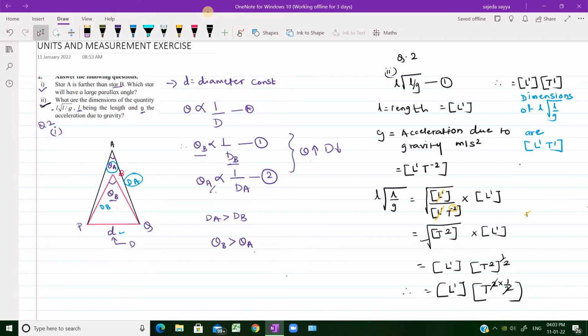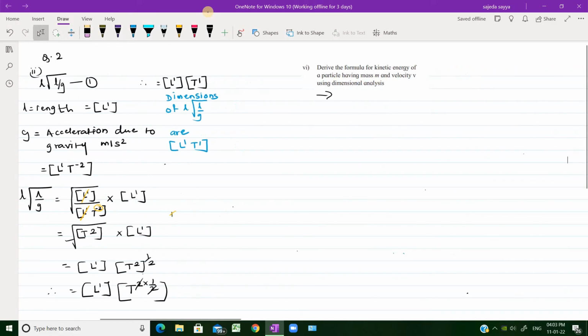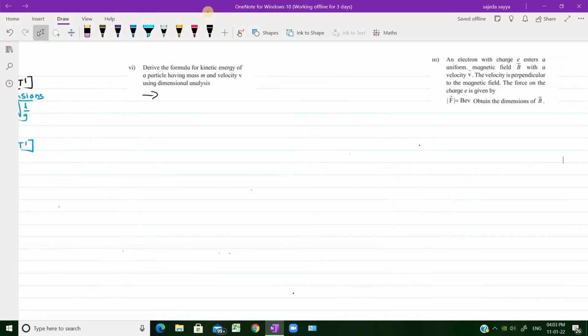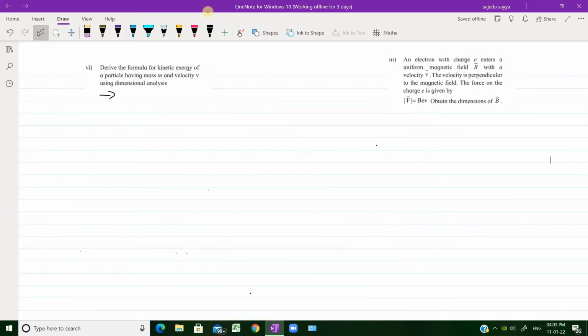Next question. It's given: derive the formula for kinetic energy of a particle having mass m and velocity v. We are given the dependence of the kinetic energy, which is dependent on mass m raised to a, we don't know the power of this mass, and v raised to b.